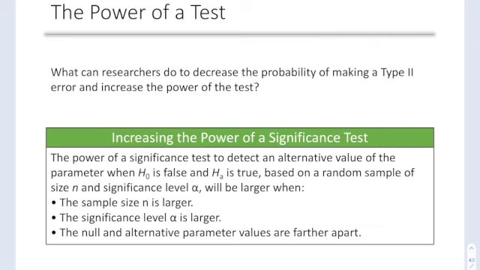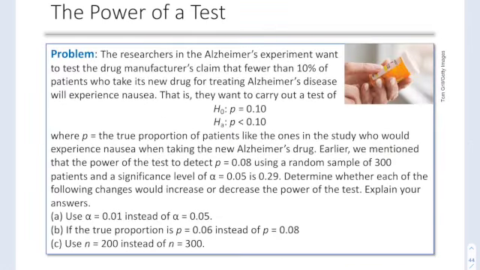It's more likely that we will do a significance test which rejects the null hypothesis because the true value is so much different than the claimed value.